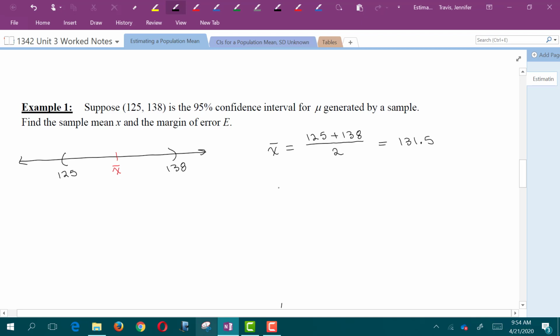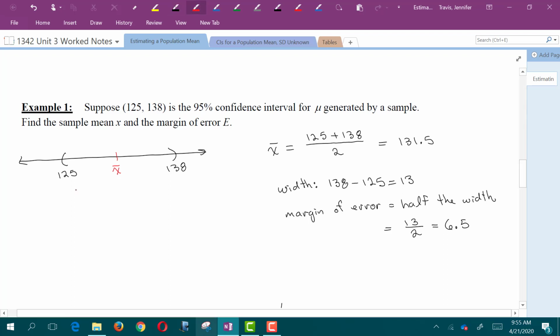Another way you could think of this is you could take the width. The width is going to be what? 138 minus 125, which is 13. And so then my margin of error is going to be half the width, which is going to be 13 over 2, so 6.5.